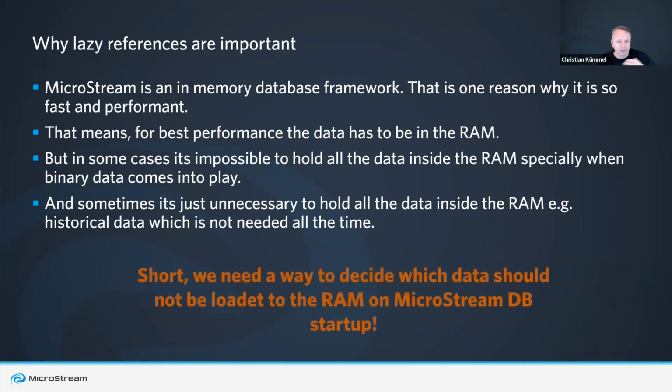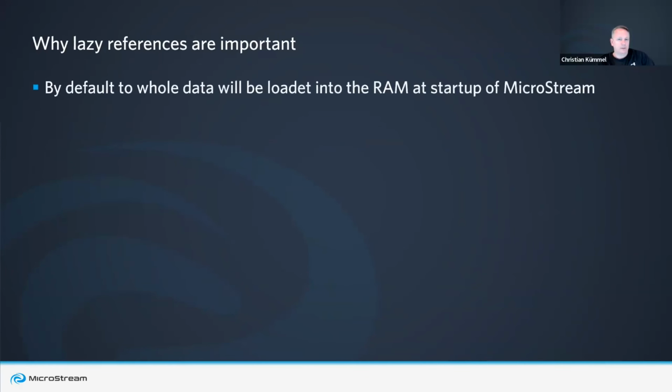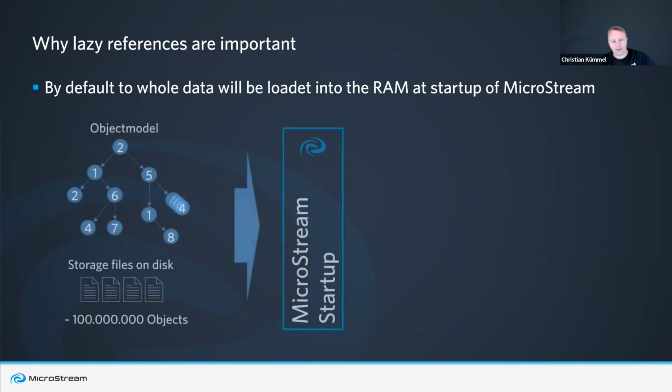Basically, we need a way to decide which data should not be loaded to the RAM on MicroStream DB startup. That's also important. Whenever you start MicroStream, all the data will be loaded to the RAM directly on startup, except the lazy data. By default, the whole data will be loaded into the RAM at startup of MicroStream.